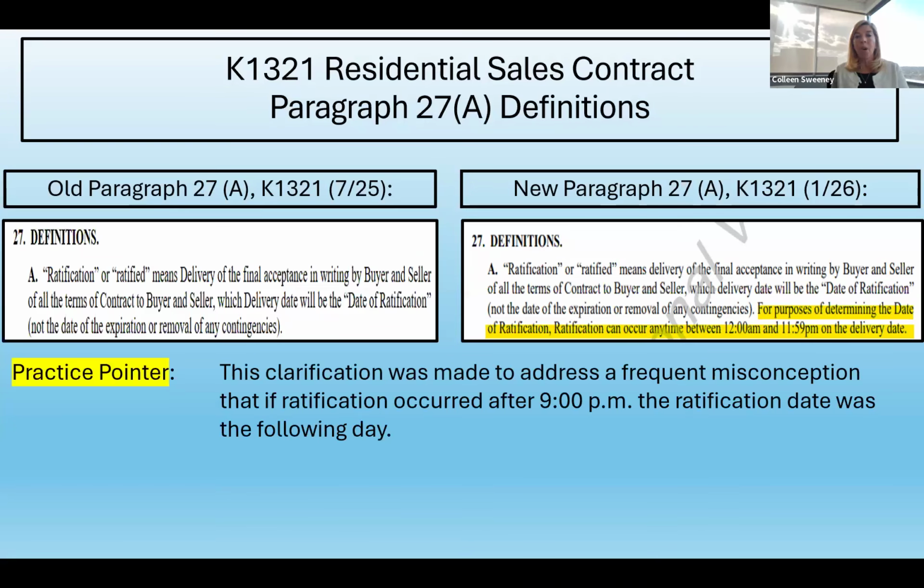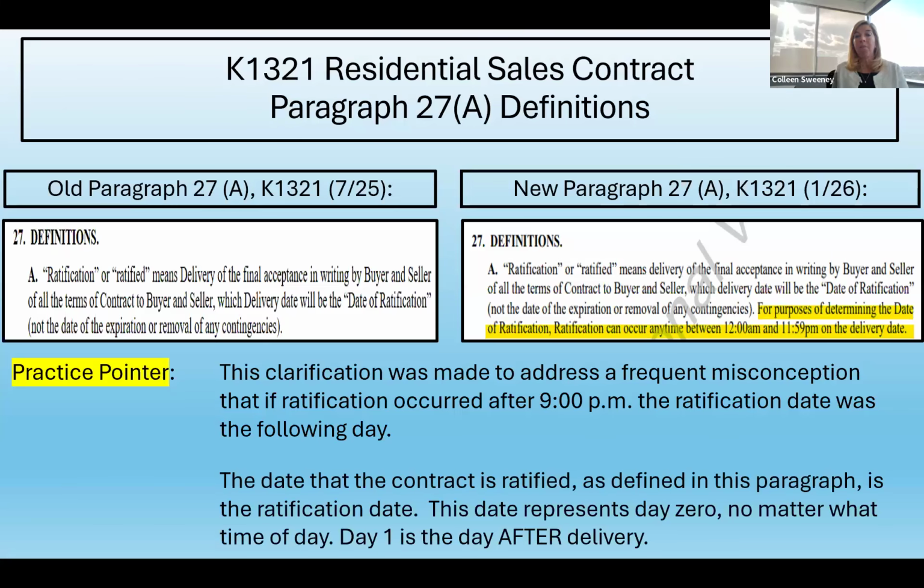The why here was this clarification was made to address a frequent misconception that if ratification occurred after 9, the ratification date was the following day. I think that confusion came up when people were seeing other parts of the contract where there was that 9 o'clock. So to be clear, the date that the contract is ratified as defined in 27A is the ratification date.